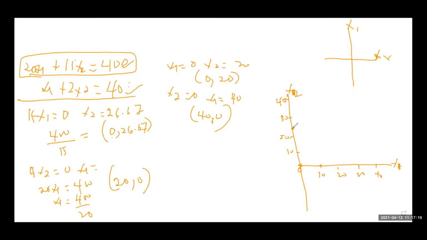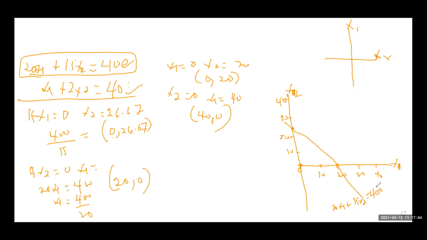Then in the same equation, if x1 is 20, x2 is 0, x2 is 0, x1 is what? 20. It's also here. I can now join these 2 points. And I know that this straight line is for this equation, 20x1 plus 15x2 equals 400.